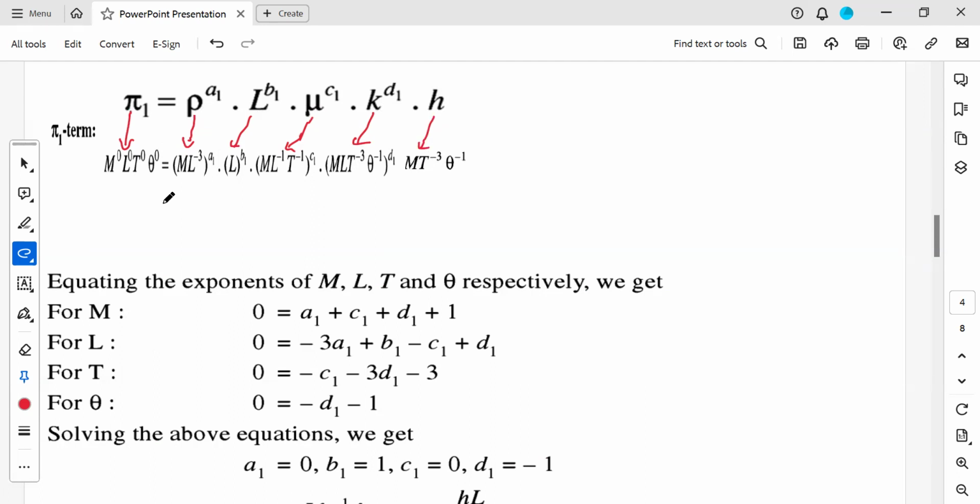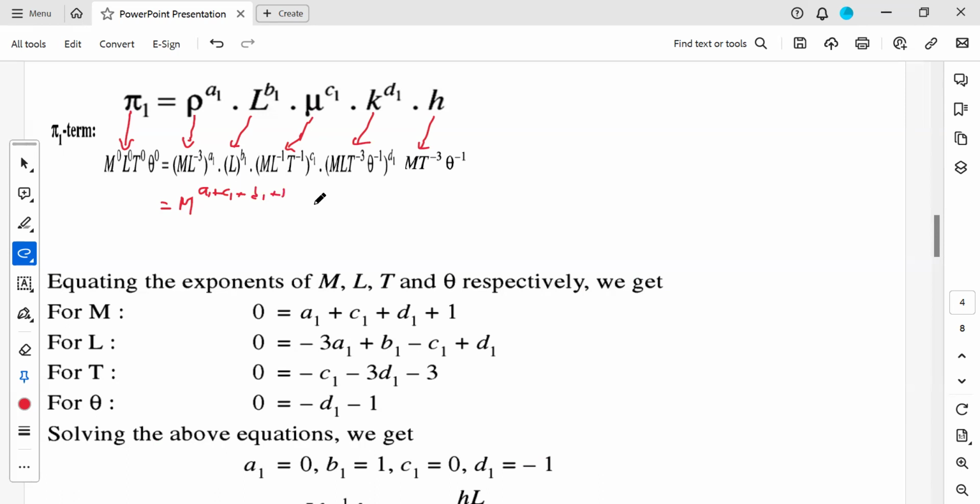Now we will arrange the powers on a common basis. For M, the powers will be: a1, here there is no M, here M is there, plus c1, plus d1, and in the last term you will get 1.